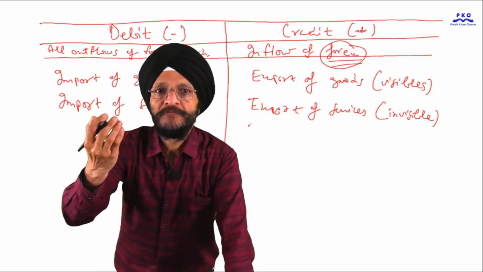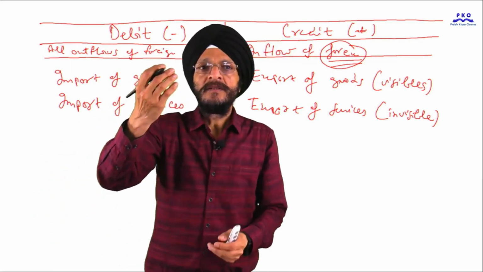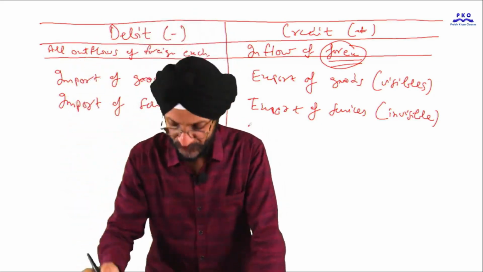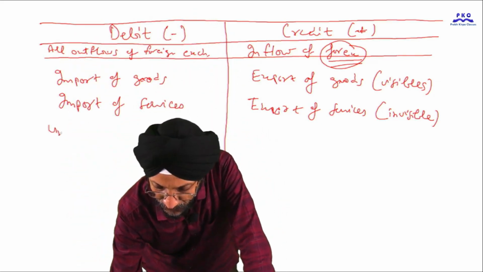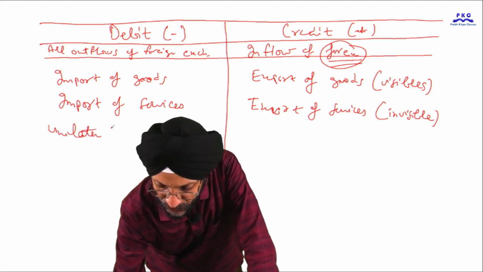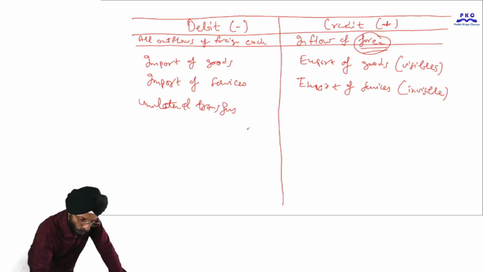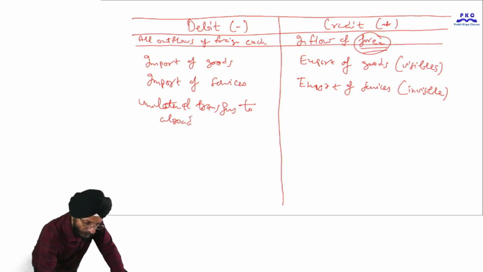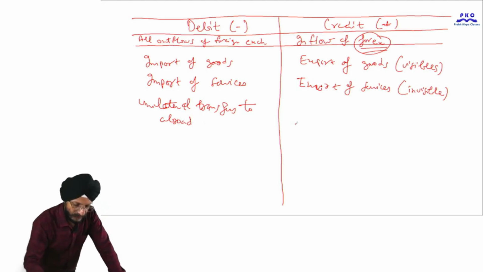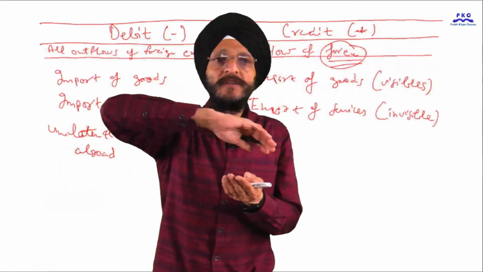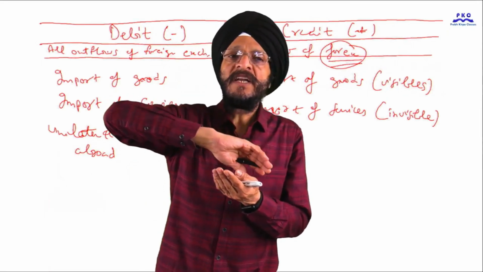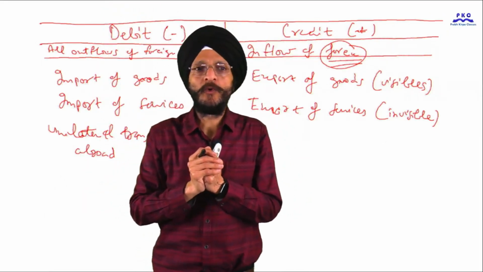If we give unilateral transfers to abroad, it means we are sending foreign exchange to other countries, outflow of foreign exchange.